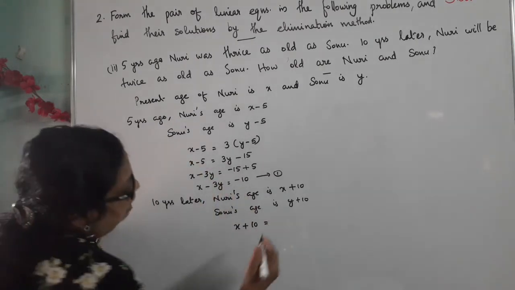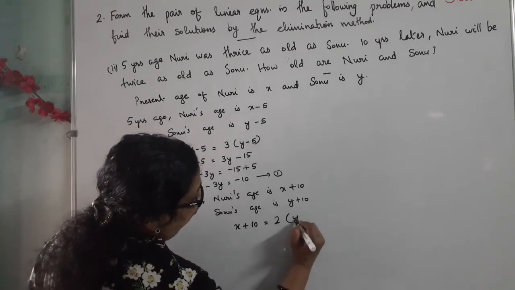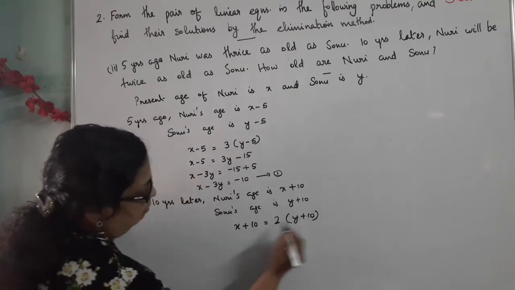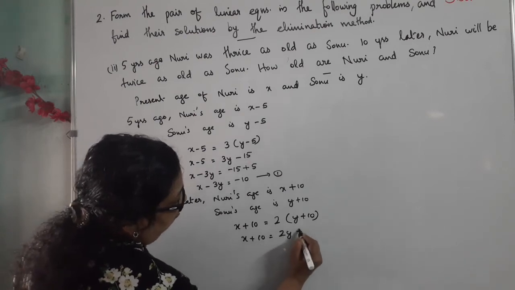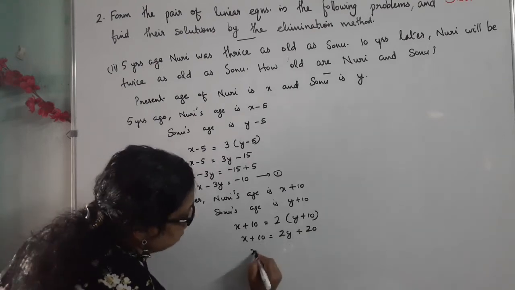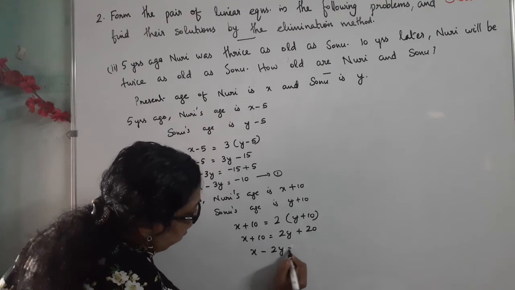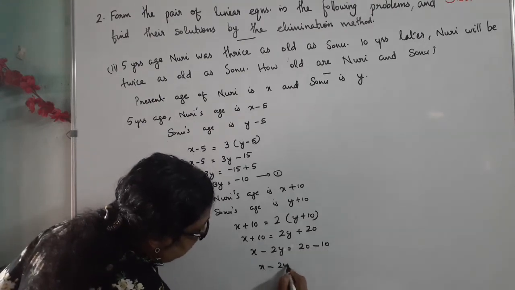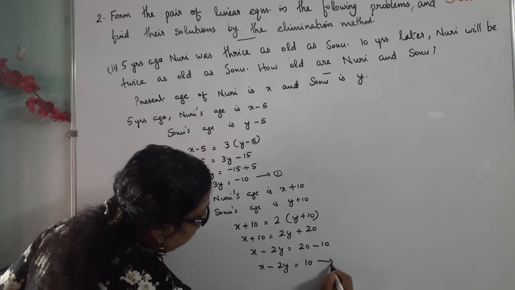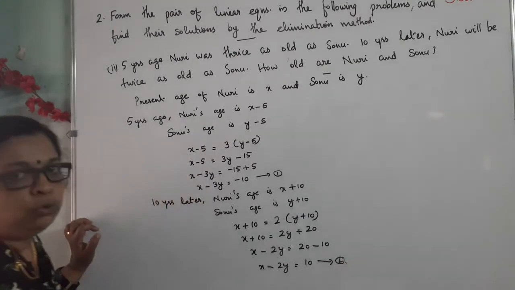Twice means 2 times. So 2 into y plus 10. Then bracket opening, x plus 10 is equal to 2y plus 20. Then arranging, x minus 2y is equal to 20 minus 10. That is x minus 2y is equal to 10. This is equation number 2.